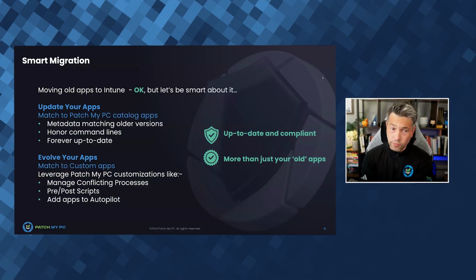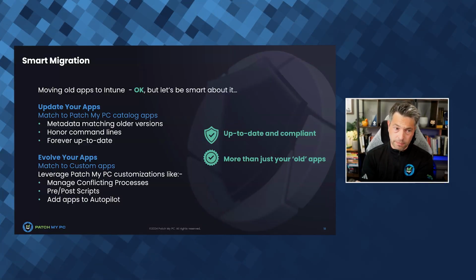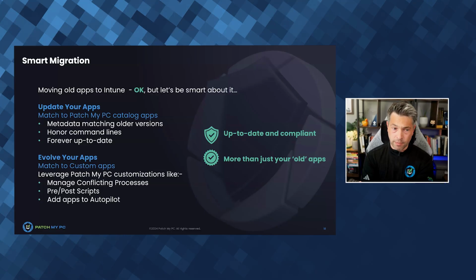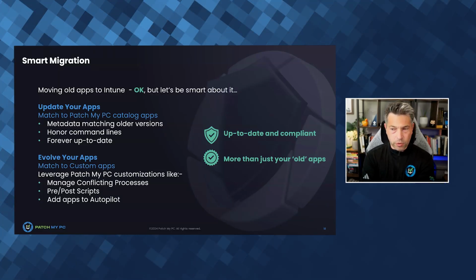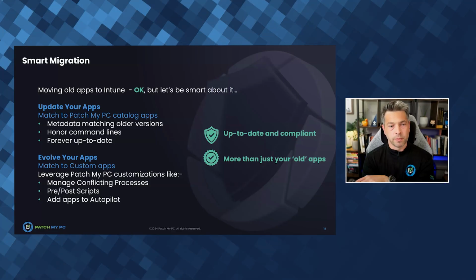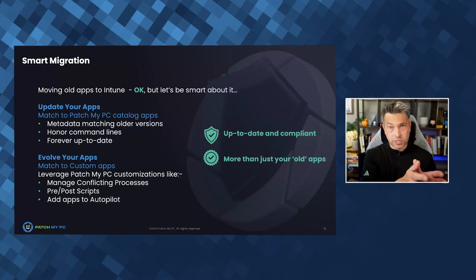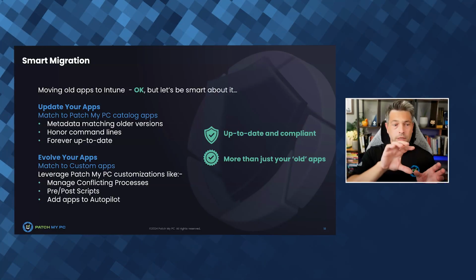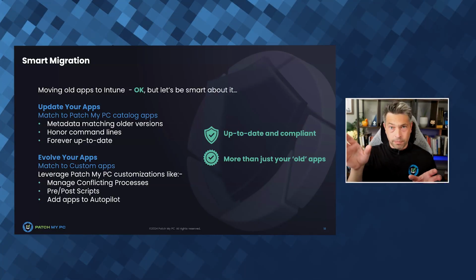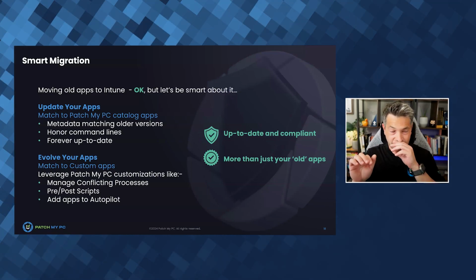The second thing we'll do, if we cannot match your application to something in our catalog, is migrate it as a custom application. We'll talk a little bit more about what that nuance is if you're not familiar with the custom apps feature in Patch My PC. Essentially, your application won't change. The installation behavior will remain the same, but we're going to leverage some of the Patch My PC customizations that our customers love.